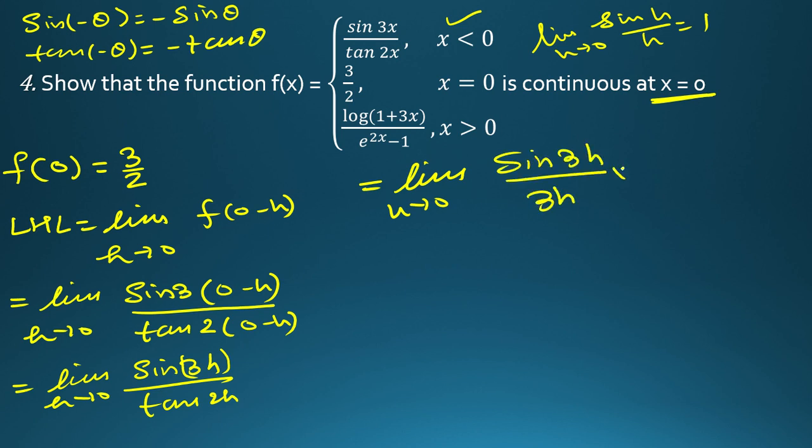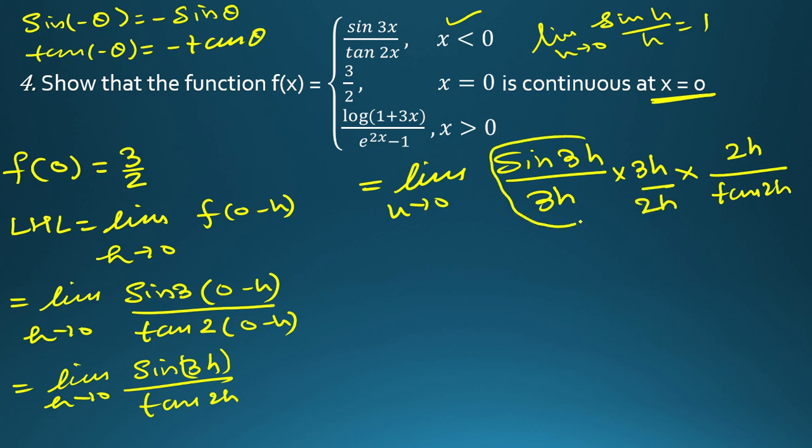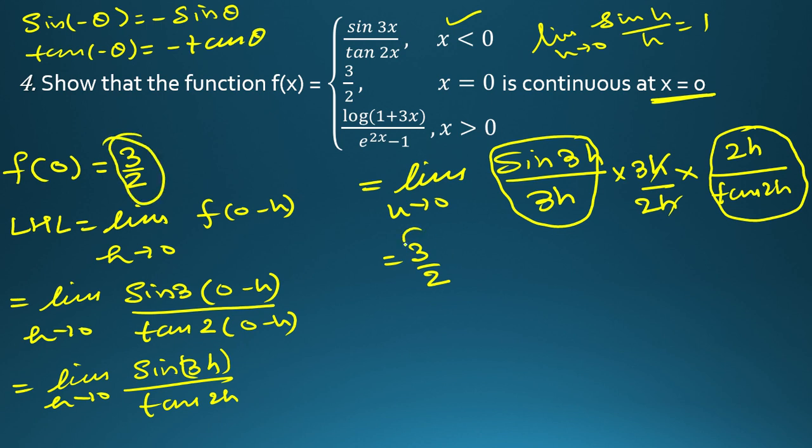What I have done here is multiplied numerator and denominator by 3h, and then in the denominator it was tan 2h, so I have multiplied numerator and denominator by 2h. Now this will be equal to 1, this will be equal to 1, h cancelled out here, and what you will get is 3 by 2. Now you see f(a) and LHL are equal.